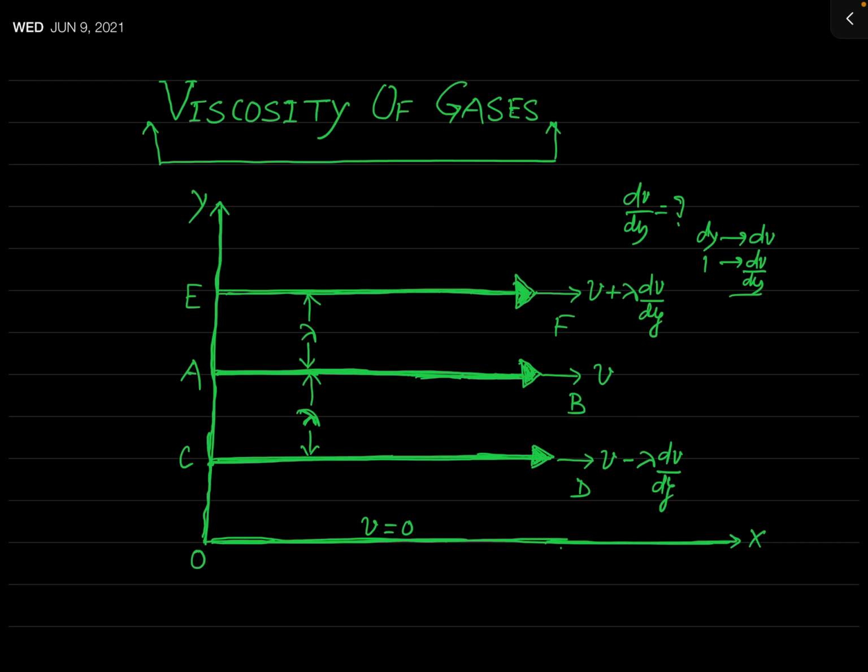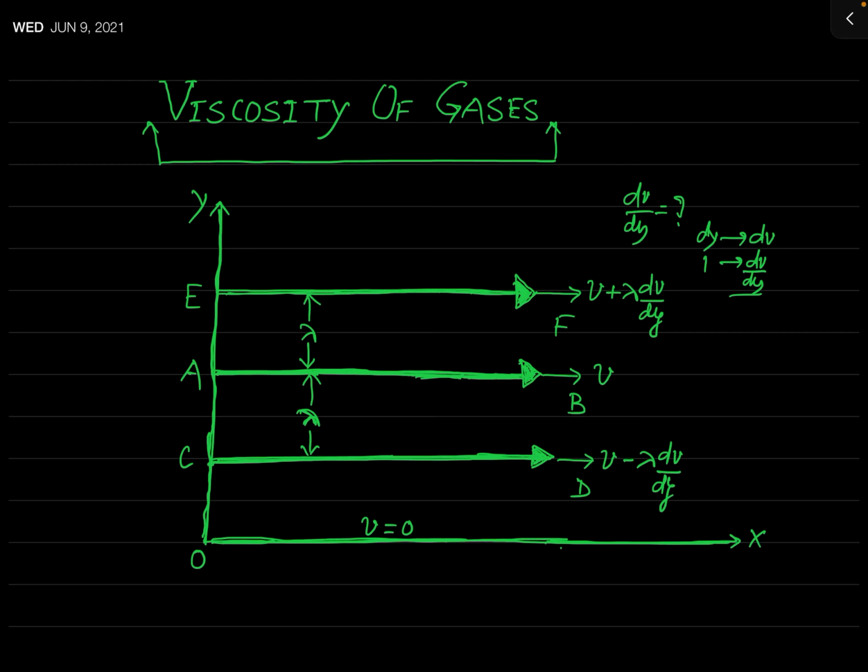What is this lambda? Lambda is the mean free path of the molecules of the gas. Now definitely a question has arisen in your mind: why are we taking the distance between two successive layers equal to lambda? Why this particular distance? Why have we not assumed any distance?